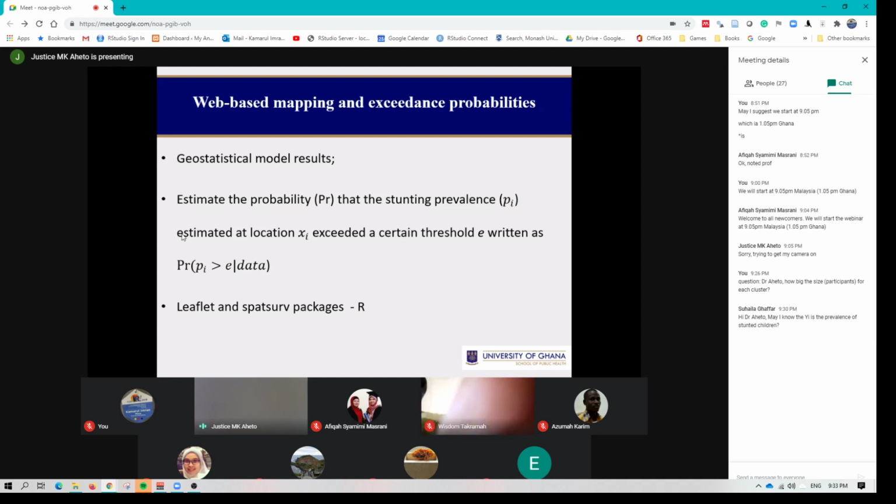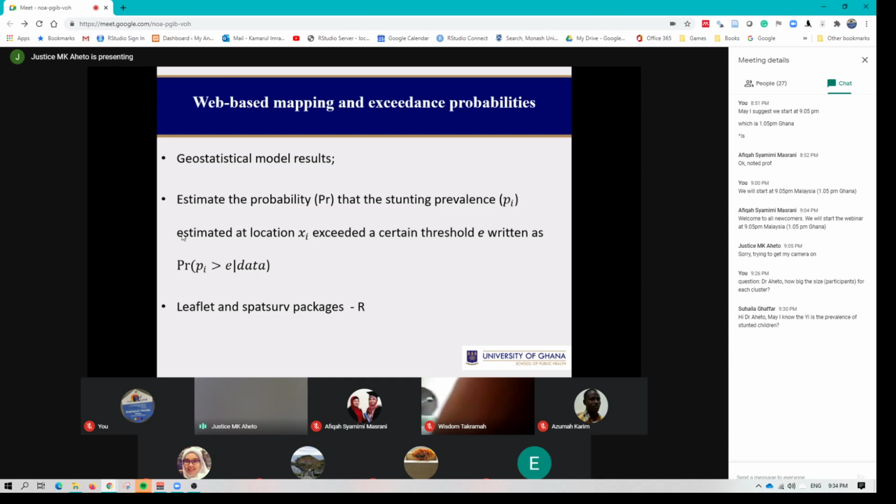What it means is that we can sit with policymakers to say, okay, how much prevalence do you want to see before you get worried in order to roll out some intervention? Maybe a stakeholder can say, I want a place where the risk that a child will be stunted is around 30% or 40%. We want that kind of probability that the prevalence exceeds 30% or 40% or let's say 50%. So we can take that into account.